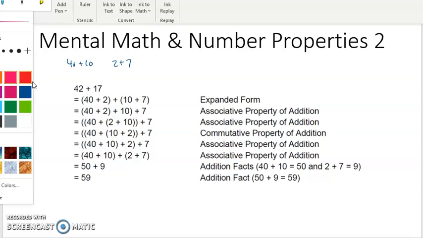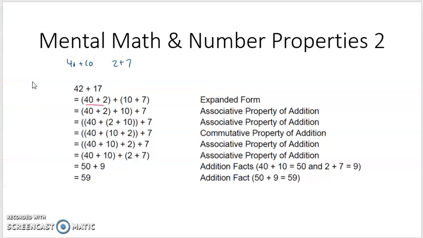I'm going to take 42 plus 17, and I can write each of those in expanded form. 40 plus 2 plus 10 plus 7. Now, and this is where it gets a little tricky, I can use the associative property. I've got 40 plus 2, I think of that as one thing, plus 10 plus 7. I'm going to regroup that. So you have 40 plus 2 plus 10, and that's actually a missing parenthesis there.